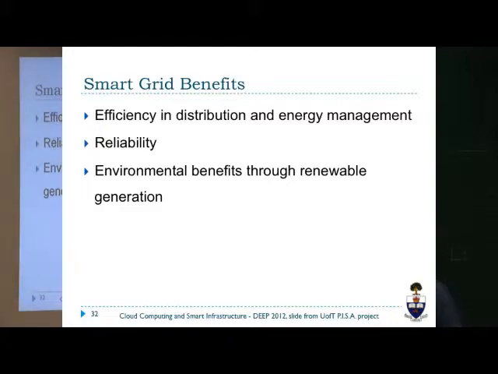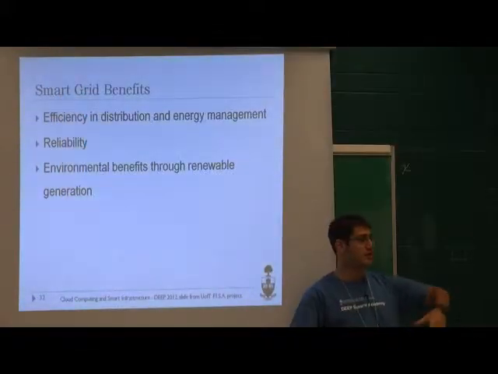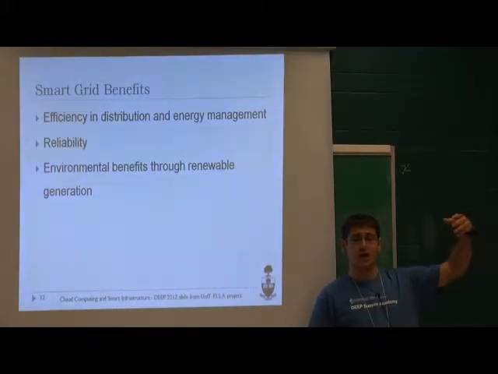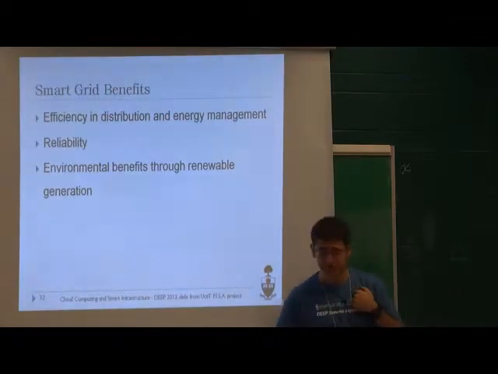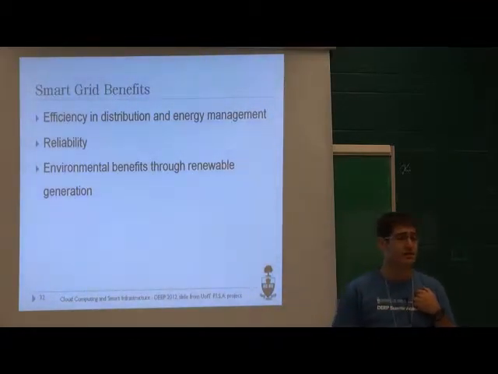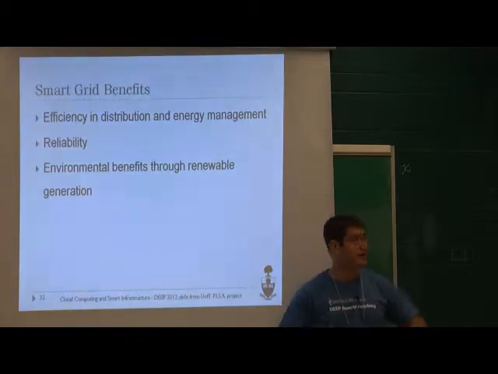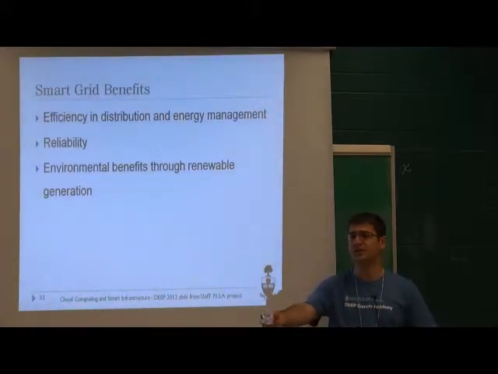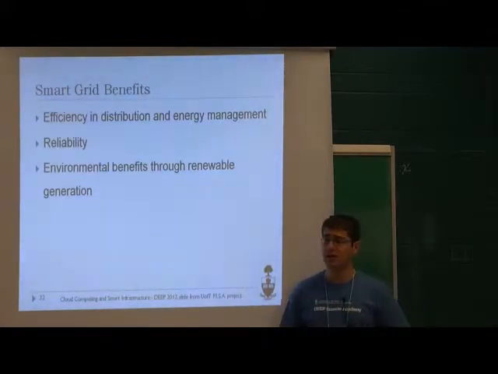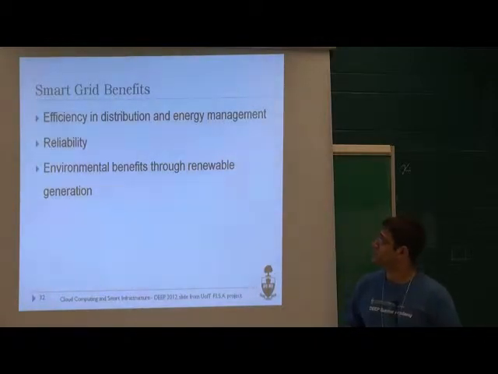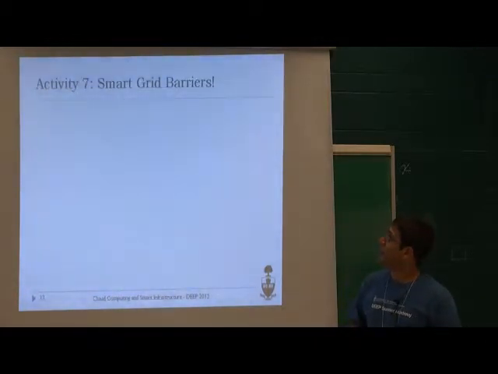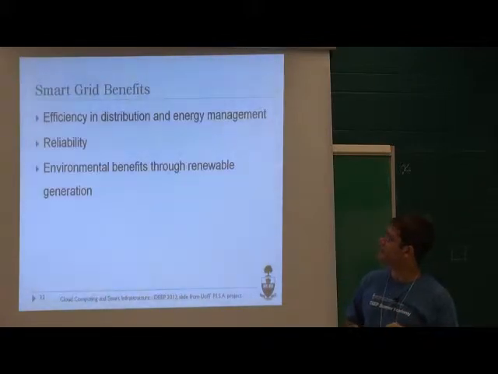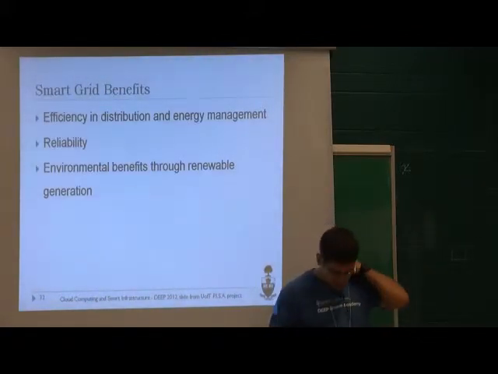The environmental benefits, because you can optimize your usage, you can optimize your generation by using green sources for generating electricity, and only when you need additional power that the green sources cannot provide alone, then is when you start using your fossil fuel resources or generation mechanisms. Okay, so we're going to work on this in the afternoon, the smart grid barriers.